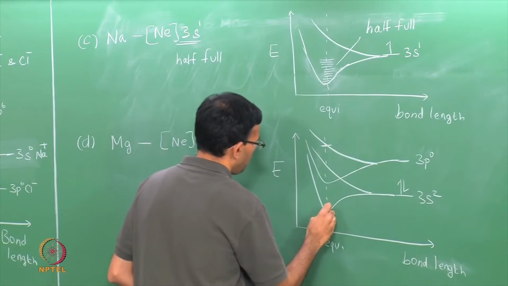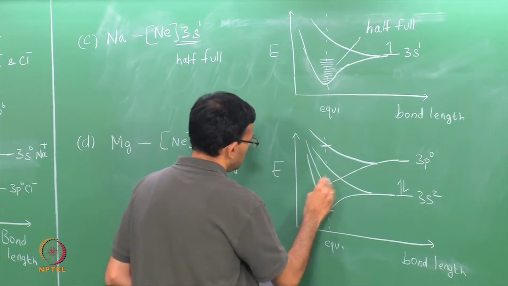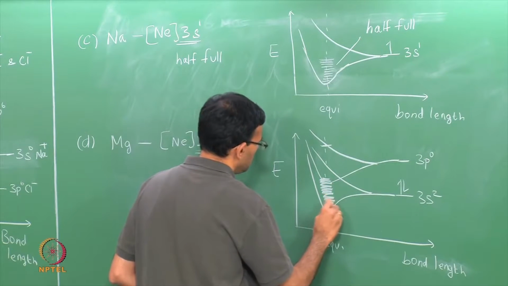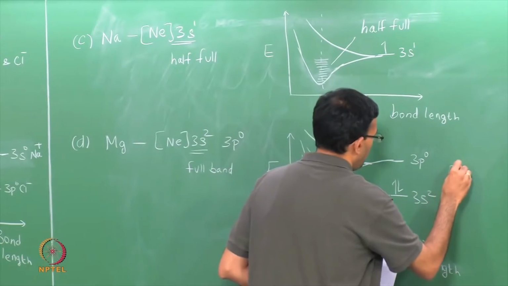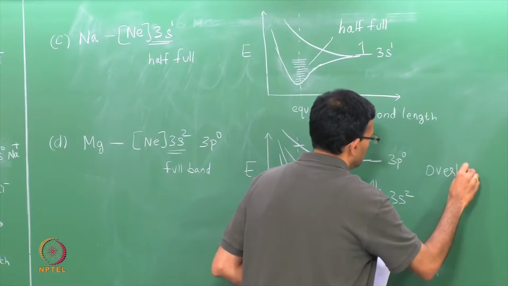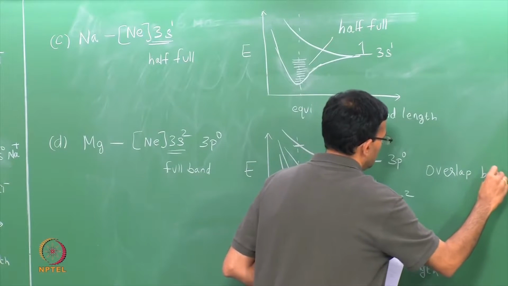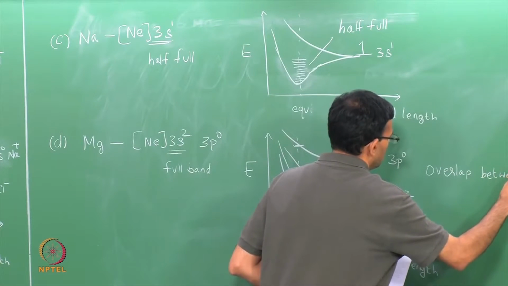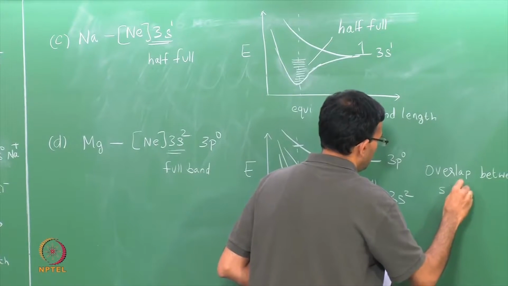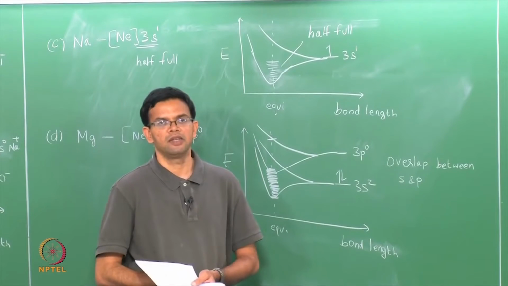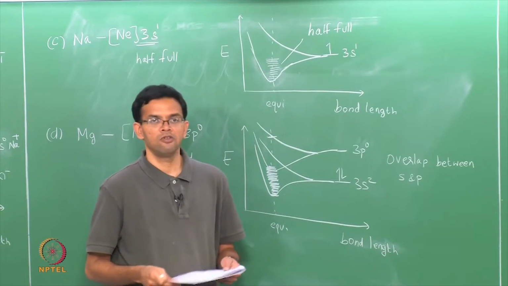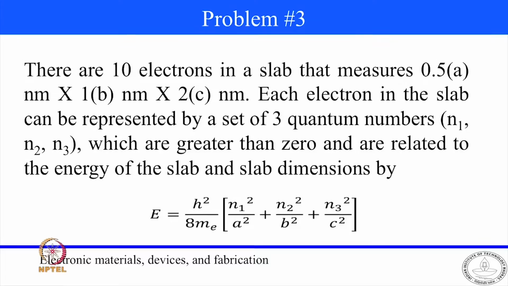So, now you have a full band, and that is only half full. So, we have overlap between S and P. So, this way magnesium becomes a metal. So, let us now go to the next question.